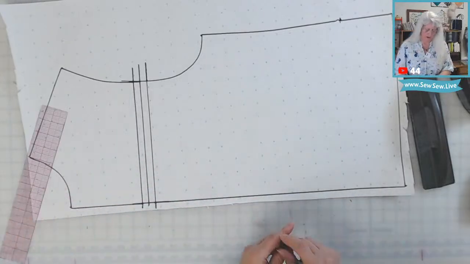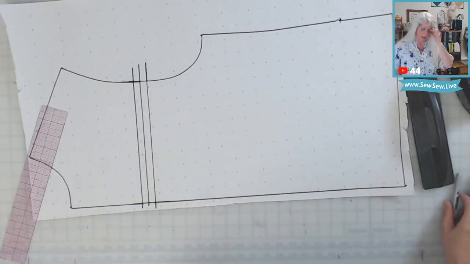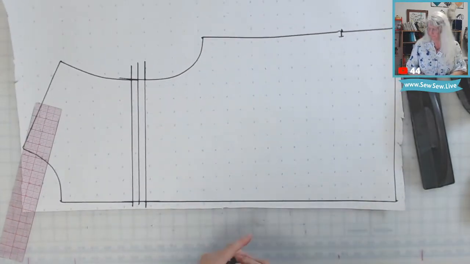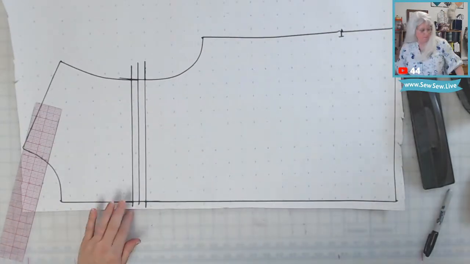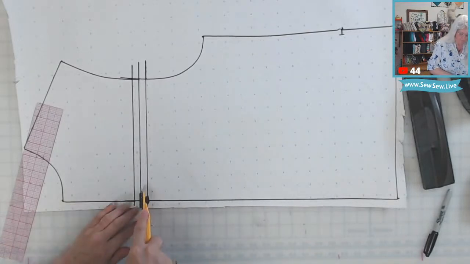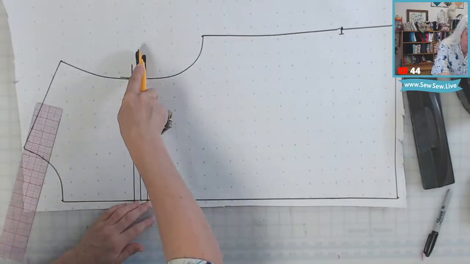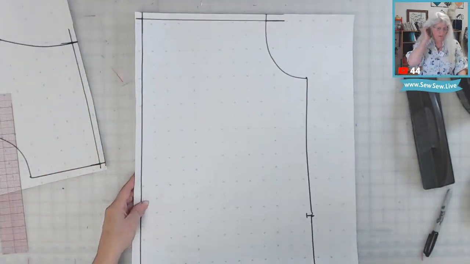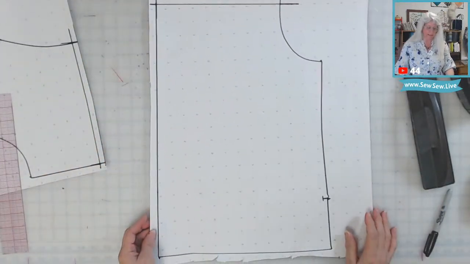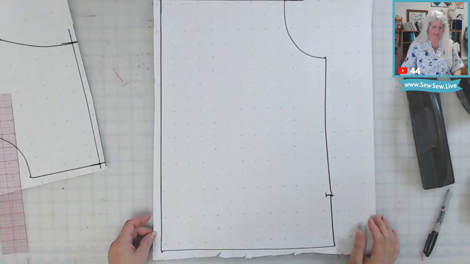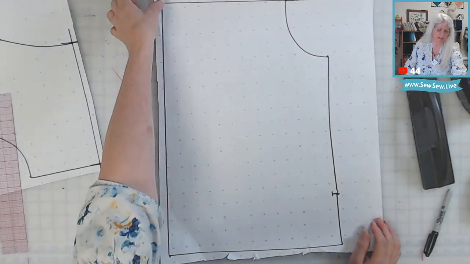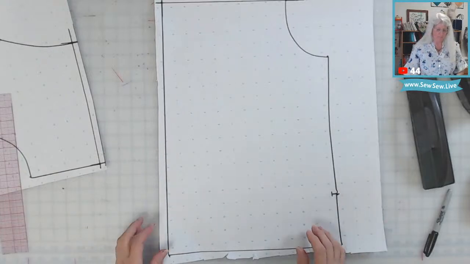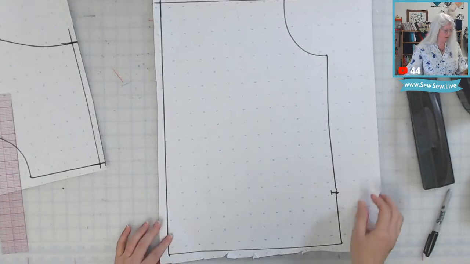And I want to add some gathers on this back part here. Make sure my vent is clear. So I'm going to cut my yoke off like that. If you would like to do a pleat, there are a couple of ways to do this. You can do the pleat all the way down the center back, but most of the time they will just pivot it out. I need some paper.